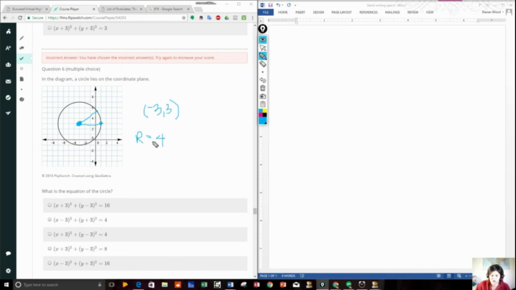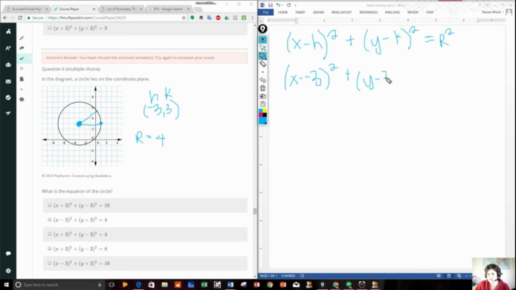The radius is 4. So then again, the equation of a circle is x minus h squared plus y minus k squared equals r squared. Okay, well, our h and our k are right here. We identified that and wrote down the coordinates. So then we have x minus -3 squared plus y minus 3 squared equals, our radius was 4 squared.